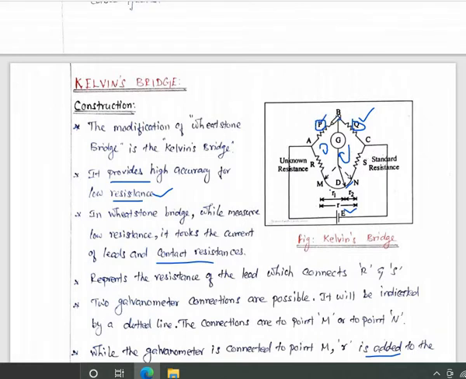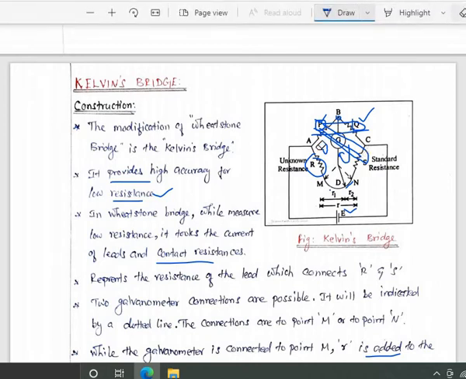At the same time PQ is the same and PS is also the same and PR is also the same, but we are not able to find the value of R because it is an unknown resistance value. S is the known value. So here PQ and PS are equal because the circuit is in the balanced condition.